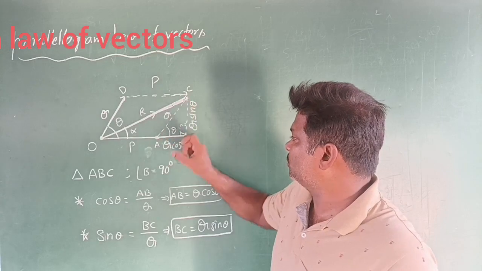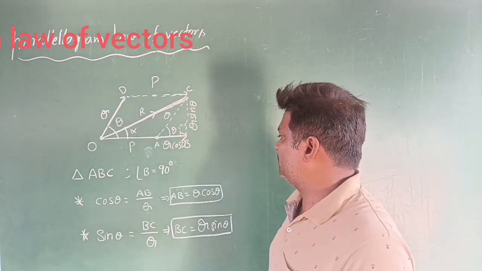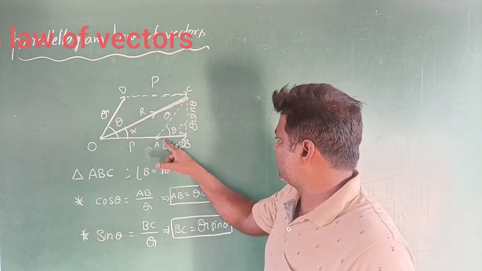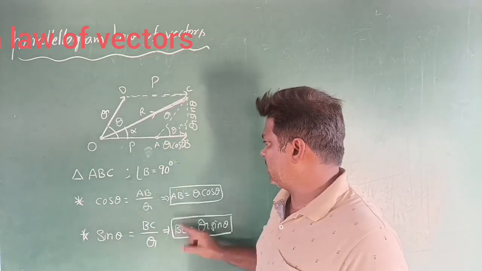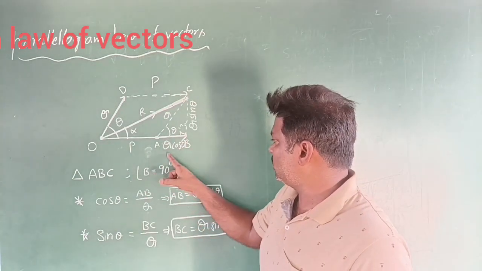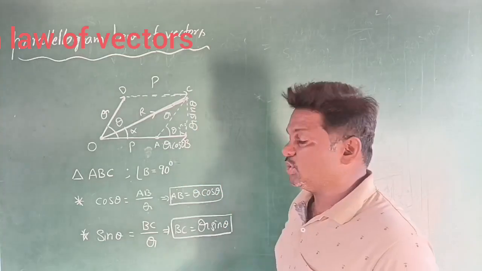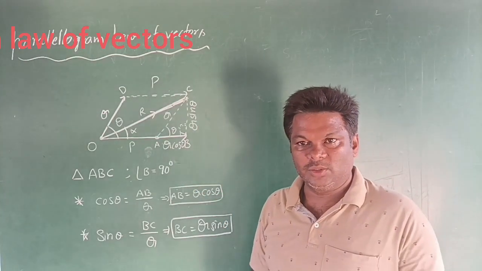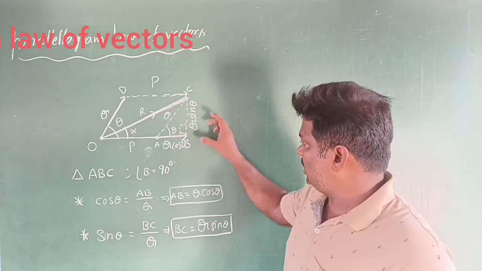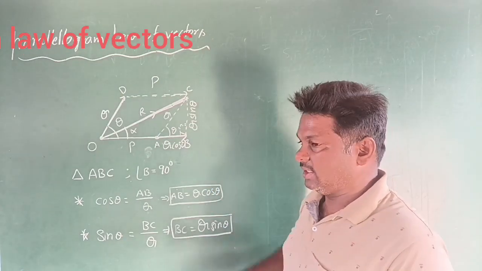That is also Q. A to C is Q. And from this right angle triangle, from the trigonometric applications, we got AB is equal to Q cos theta and BC is equal to Q sin theta.